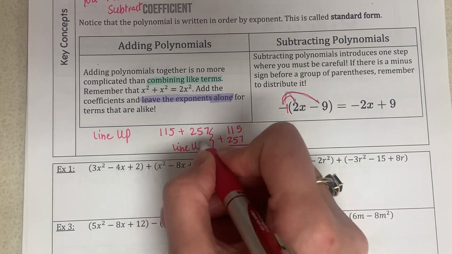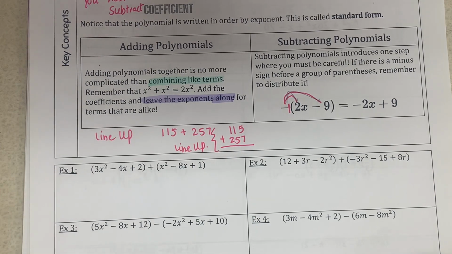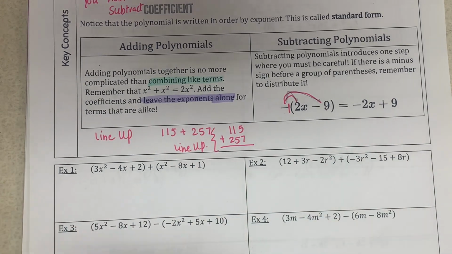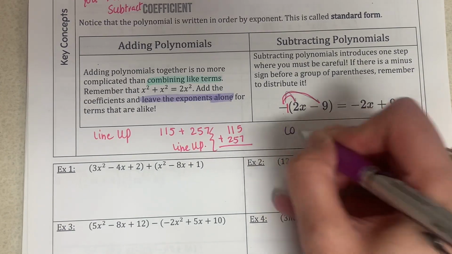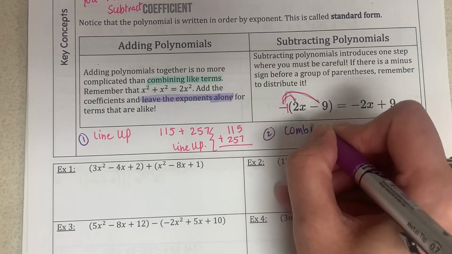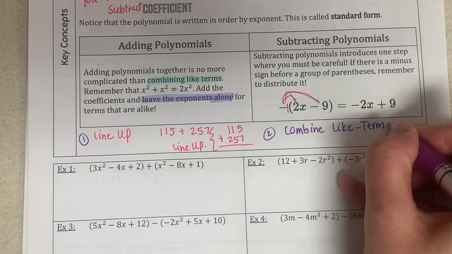You line them up. So you can line up, but when it comes to algebra, we combine the like terms. So we put the like terms right next to each other and just add or subtract. So in algebra, this is the first method, and the second is combine like terms.